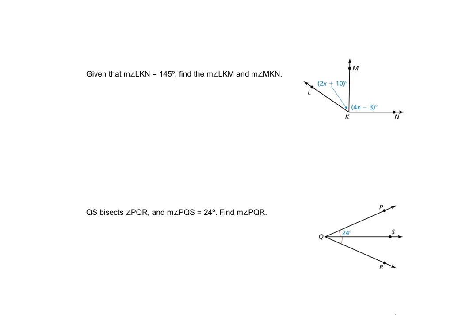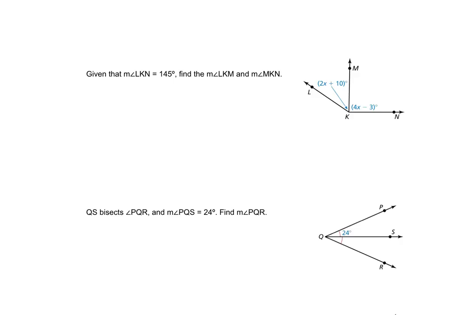The big one's 145, right? And the other one is, so these two are going to do what? What do you think? They're going to add up to equal 145, right? The two smaller ones, the two angles on the inside of the big one, are going to have to add up to equal that big one. Okay? So that's what we know here.